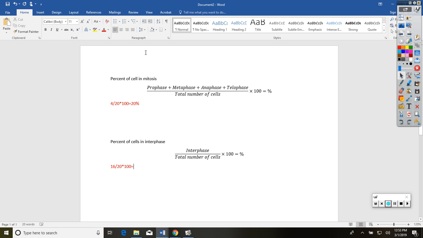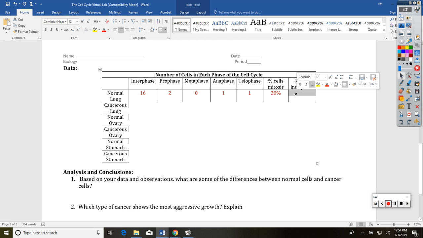And that's going to give me a total percentage of 80%. And I'll fill that in on the chart. And you should notice that your two percentages will add up to 100. If they don't, something must be wrong with either the ones that you counted or maybe your addition or even how you set up your equation.